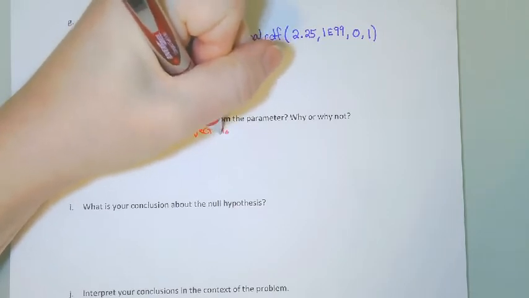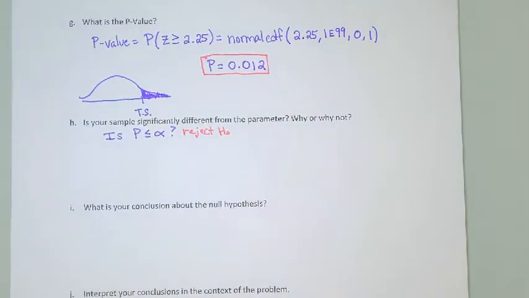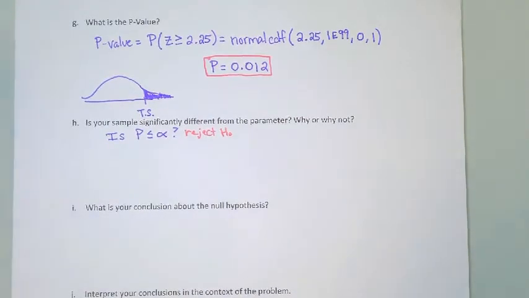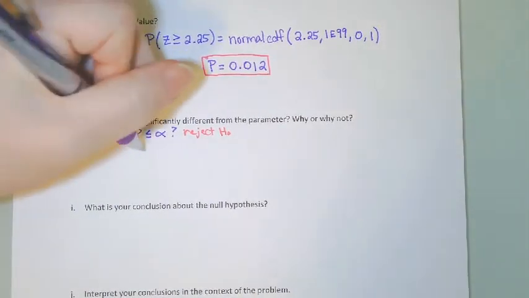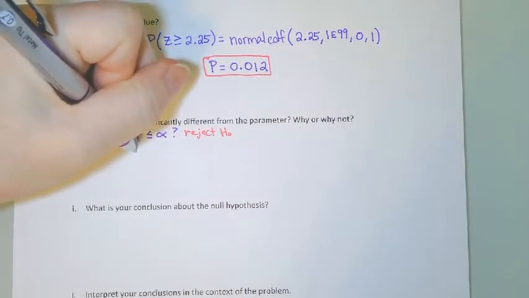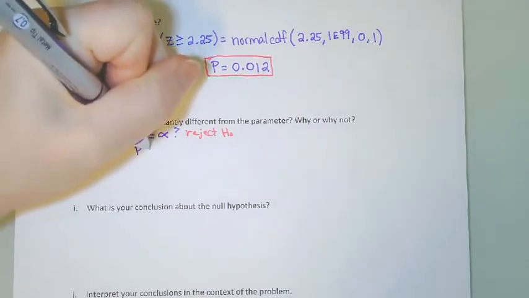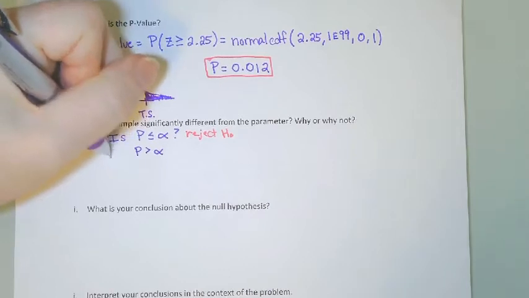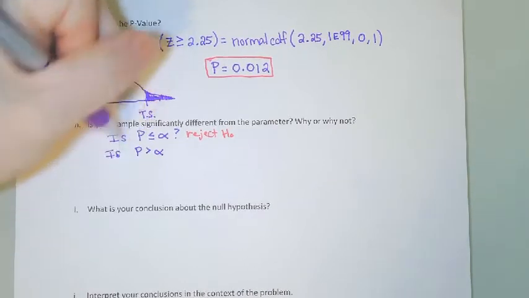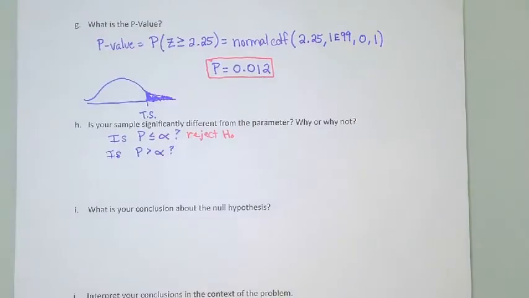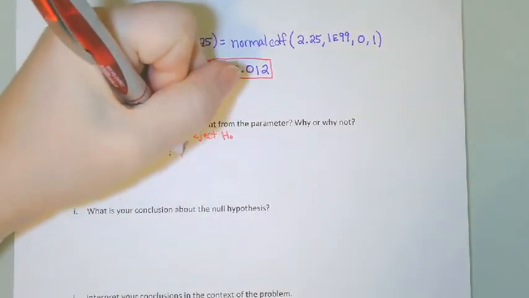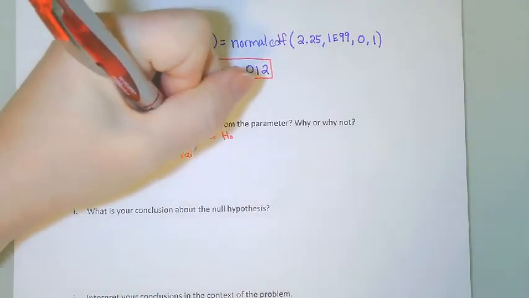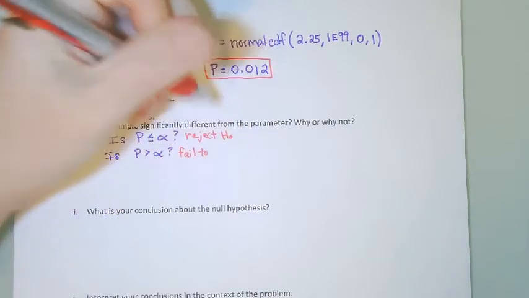Our evidence is strong enough to support the alternative hypothesis. If, on the other hand, p is greater than the level of significance, we would fail to reject the null hypothesis.